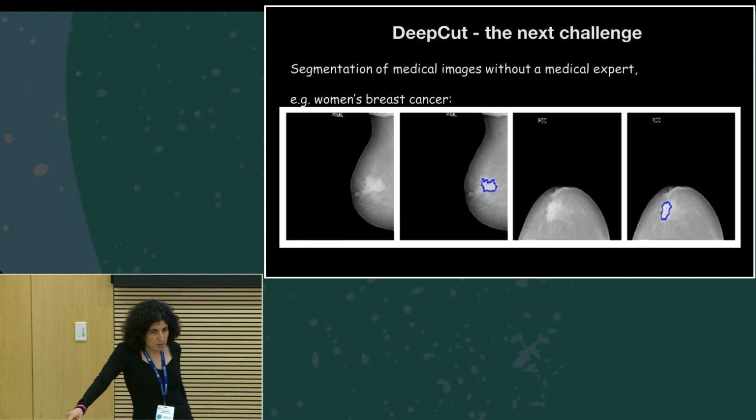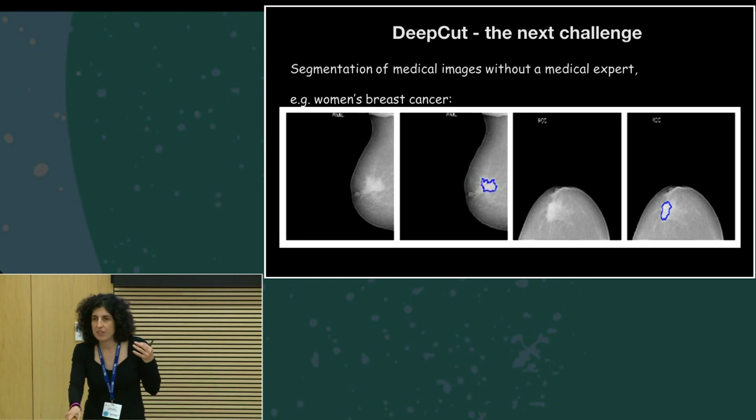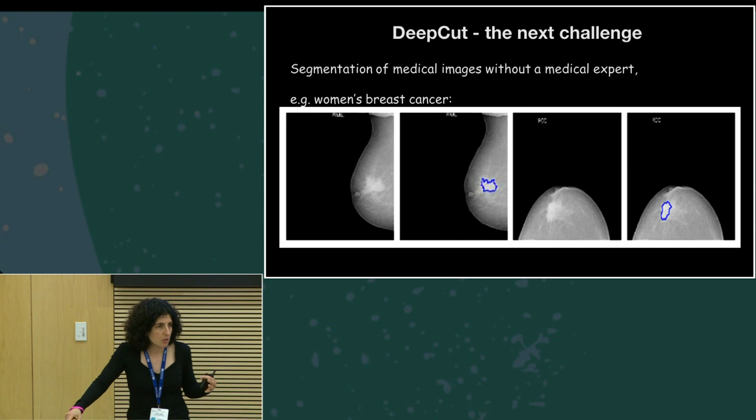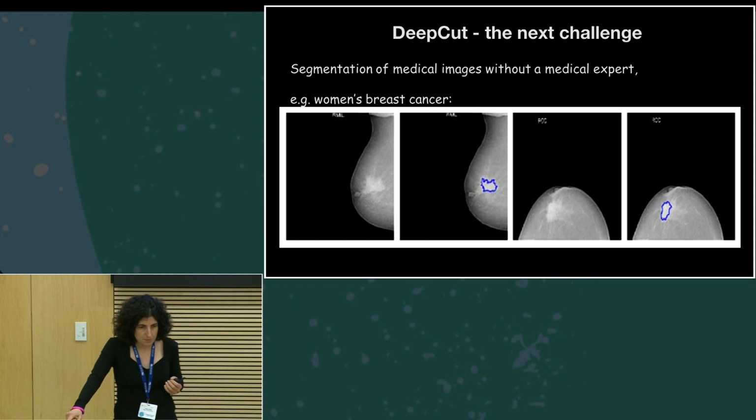So what are the next steps? The next challenge is going to medical images. Our lab, SAMPL lab, is working on AI for medical images. We would like to have segmentations created not only by doctors, but also by the computer, which will enable us to use more data and get it much faster than our current process.